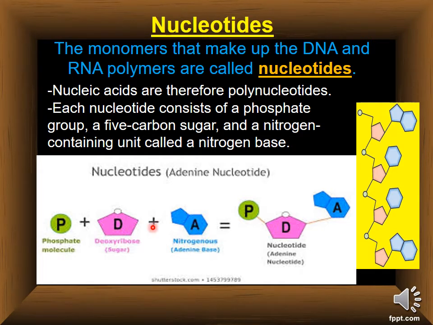Now when they combine together, the phosphate group connects with the deoxyribose sugar or pentose sugar, which connects with one of the nitrogen bases: adenine, guanine, cytosine or thymine. This makes a monomer, and this monomer is called a nucleotide.